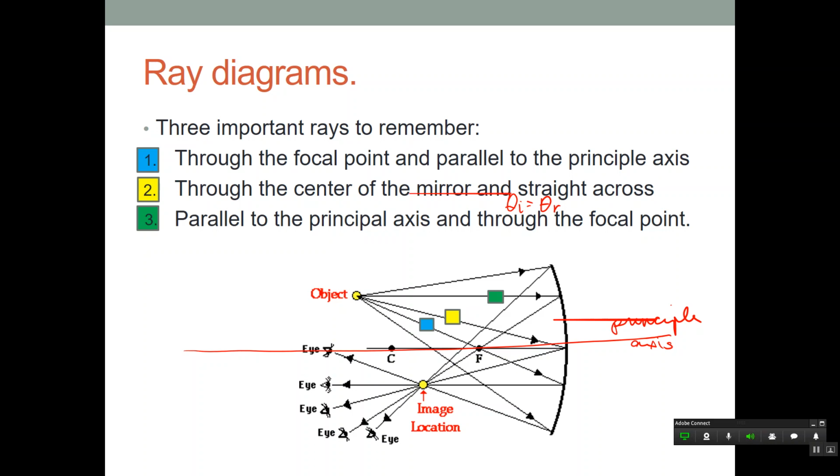If it was a diverging mirror, it would hit the mirror and go away from the principal axis. Alternatively, look at the one going from D, the blue one. It's going away from the principal axis, and then it gets parallel to the principal axis. So it's still converging. It's still getting closer to the principal axis. That's why we call this a converging mirror. A diverging mirror will do the exact opposite. We'll do examples of that when we get there.